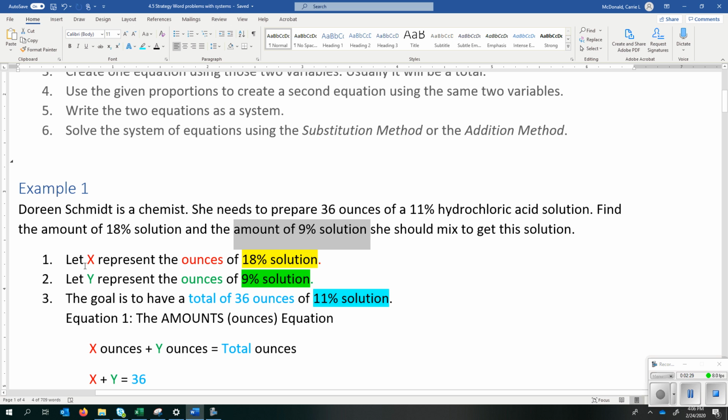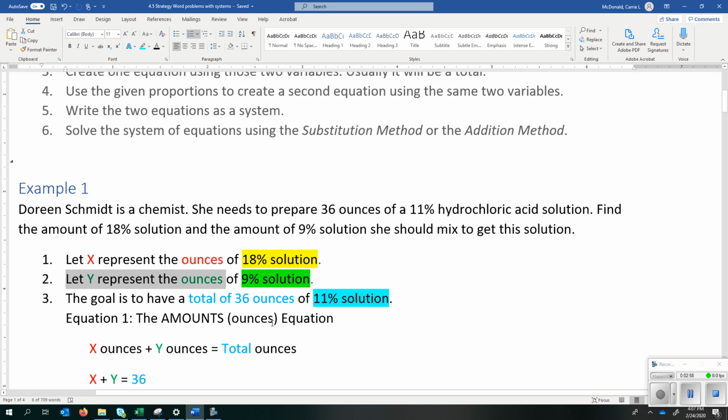So I'll begin by defining my x variable to represent the ounces of 18% solution. I'm picturing a jug of acid that has 18% strength. And I know that I'm going to have to pour some of that out, x ounces, into a new jug along with y ounces of another strength solution in a separate jug.